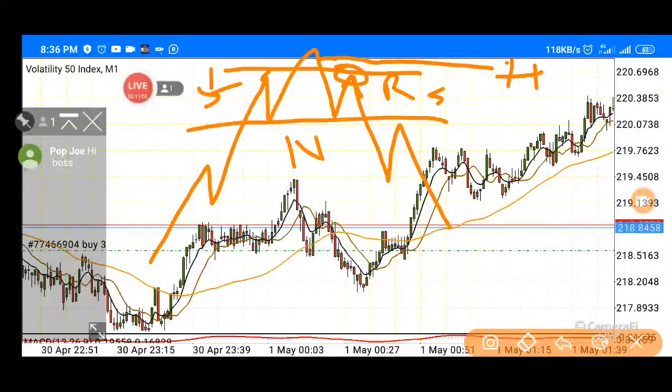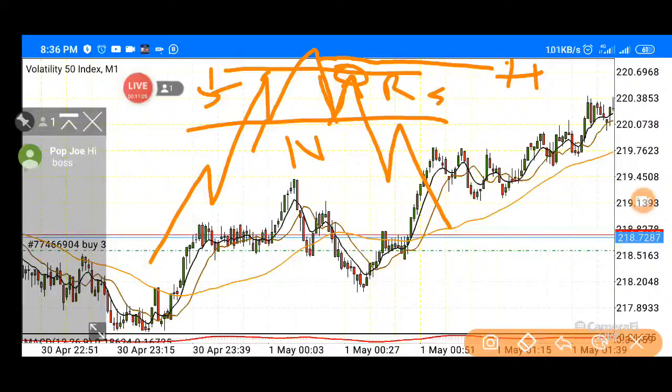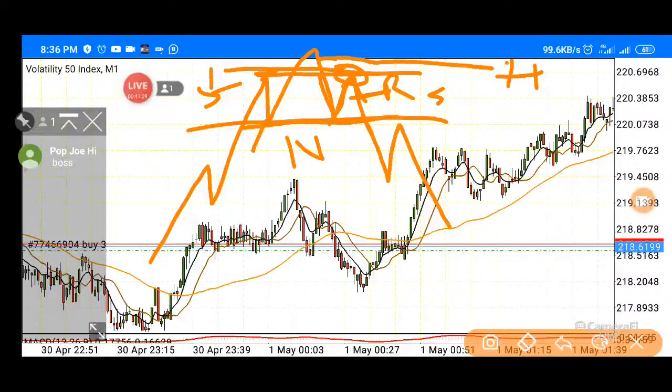Immediately this market comes down to test the previous support and bounces up and respects this shoulder, this resistance, and bounces back, then the trader enters for a sell here. That's the aggressive. The less aggressive waits until it breaks this neckline, then enters immediately after this breakout.